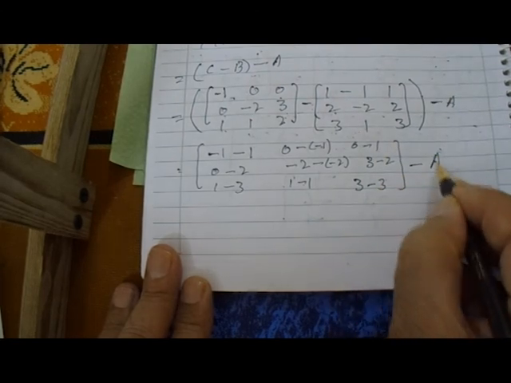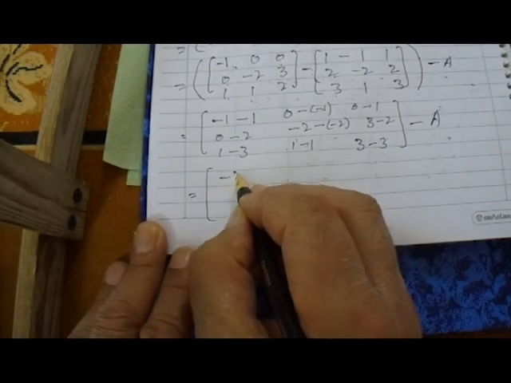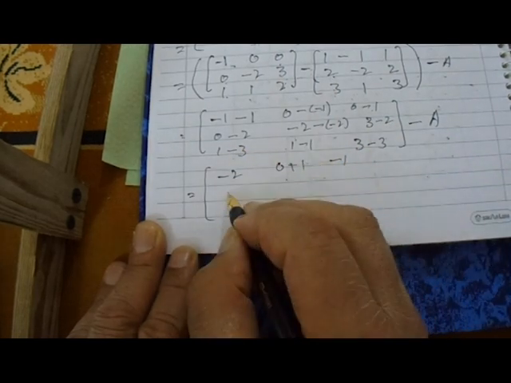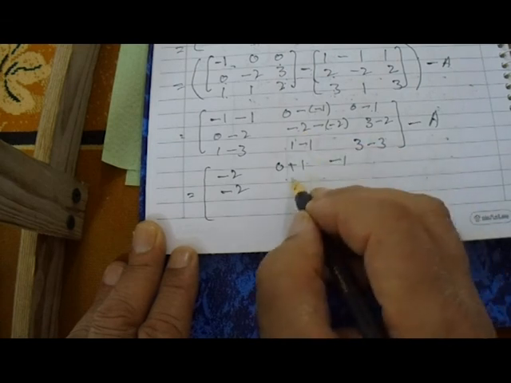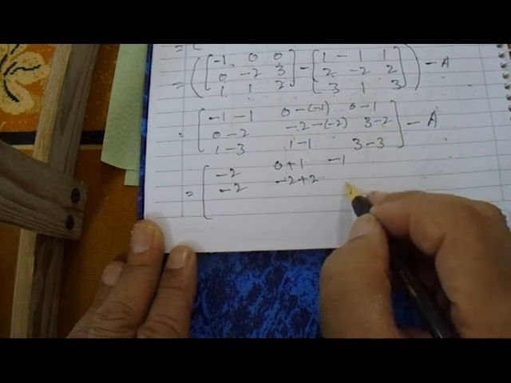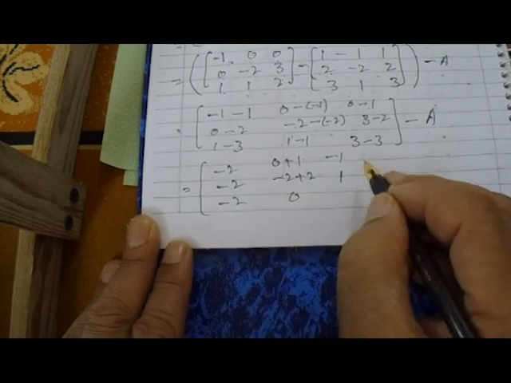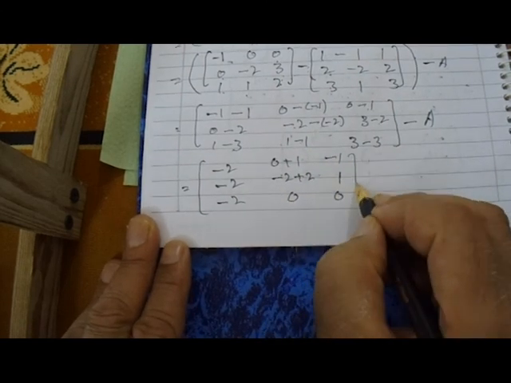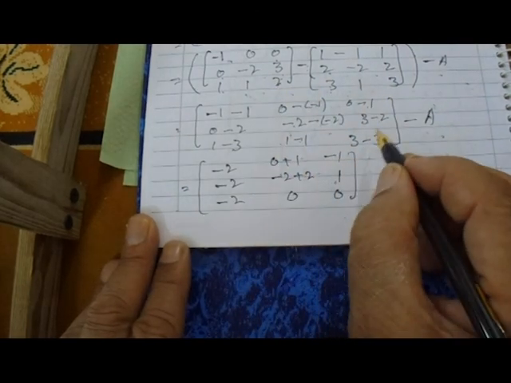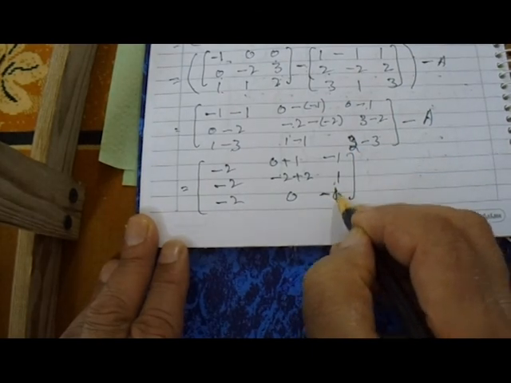Now write here A. First we solve this: it is equal to minus 2, 0 plus 1, and minus 1 here, minus 2 plus 2, and 3 minus 1 minus 2, only 1, 1 minus 3 minus 2, 0 here, and 0 is also here, and last 2 minus 3. 2 minus 3 is minus 1, this is our minus 1.